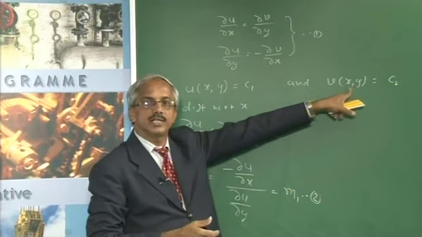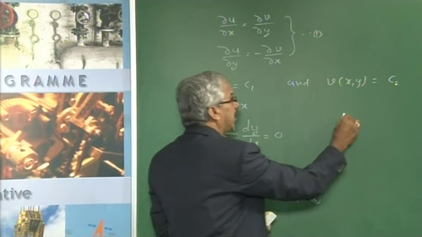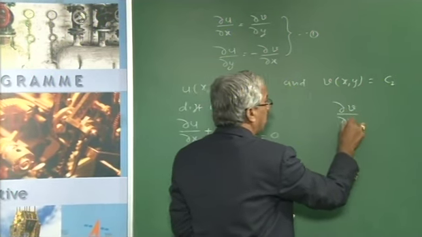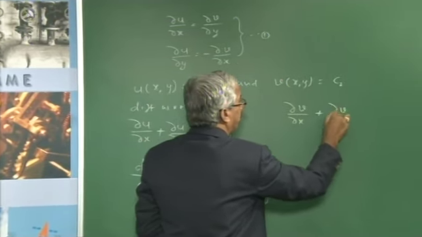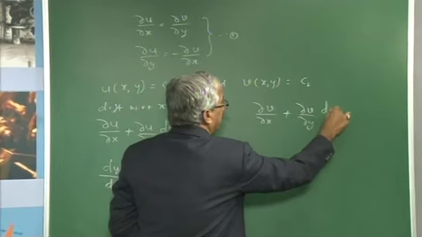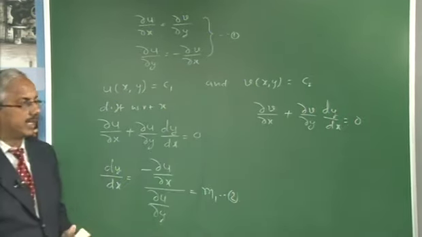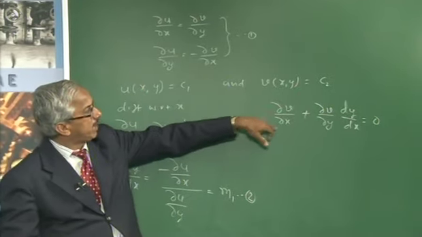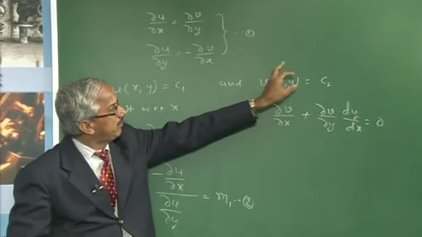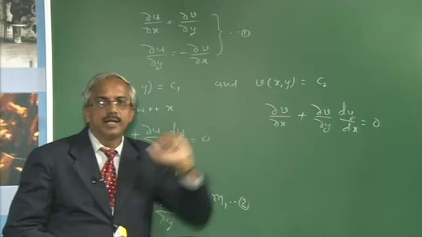Similarly, we differentiate v with respect to x, and we get dou v by dou x plus dou v by dou y into dy by dx is equal to 0. That is, differentiate v with respect to x and v with respect to y, but y is an implicit function, therefore dy by dx.